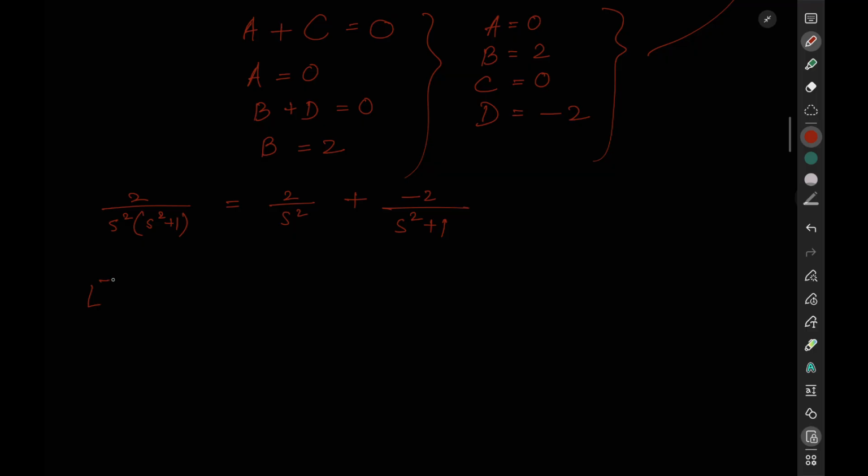Now the Laplace inverse of this term will become Laplace inverse of this plus Laplace inverse of this. Laplace inverse of 2 upon s square will be 2t, and Laplace inverse of 2 upon s square plus 1 will be 2 sine t. So this is the solution of the first part.